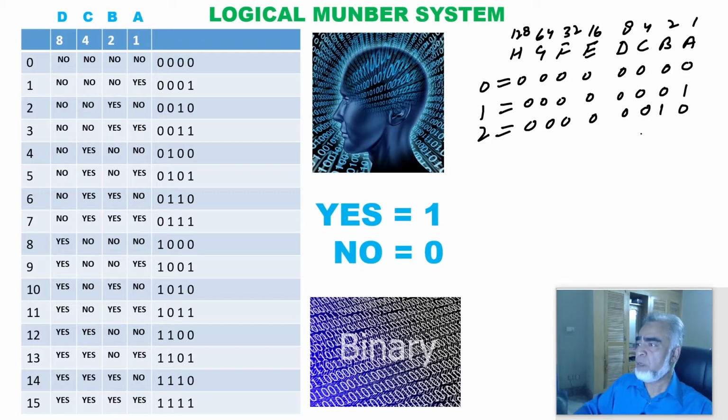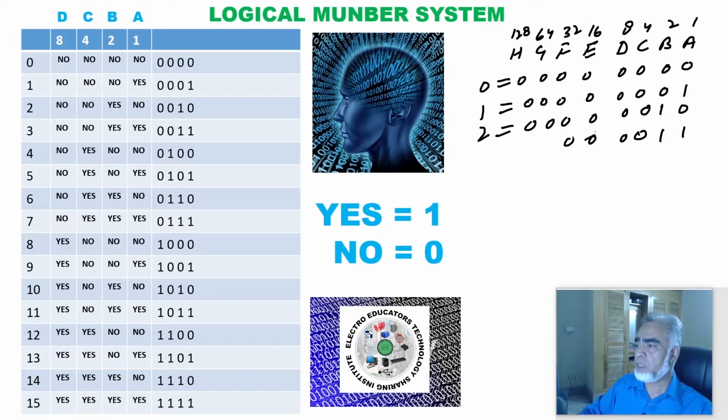What about 3? If A and B are present and the rest are 0, the weightage of A is 1 and of B is 2, and both are present, so we add them and we have 3.